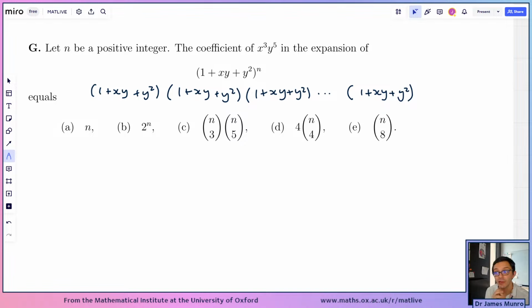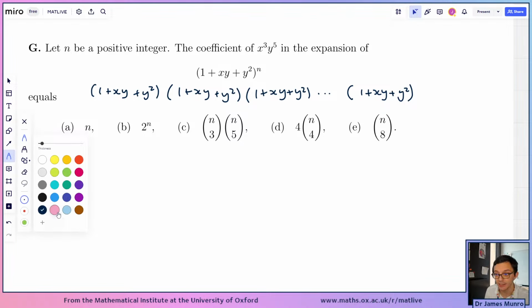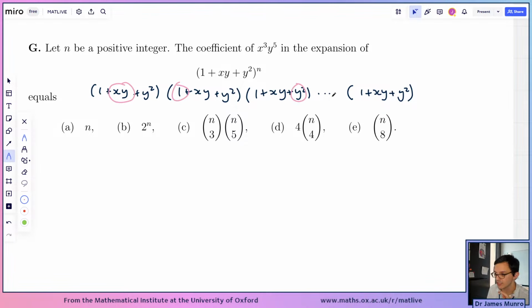In general, if you've got n brackets, then the stuff you get out comes from all the different selections you could make. So if we were going to work through term by term of multiplying everything out, then at some point we would consider what would happen if we multiplied this thing by this 1, by this y squared, and then 1, and then this y squared, and more selections inside here.